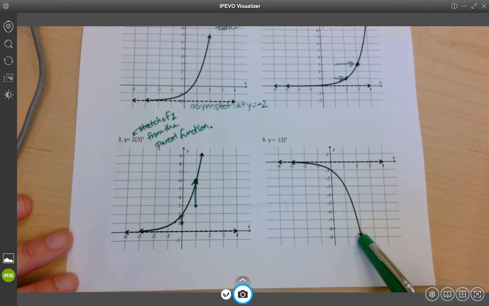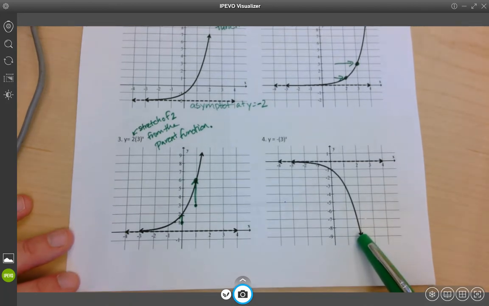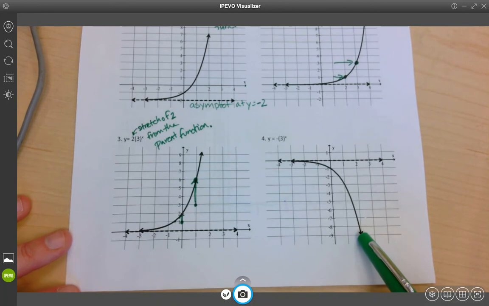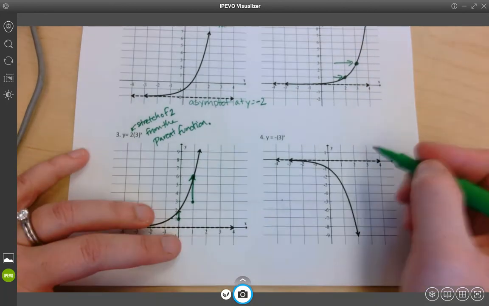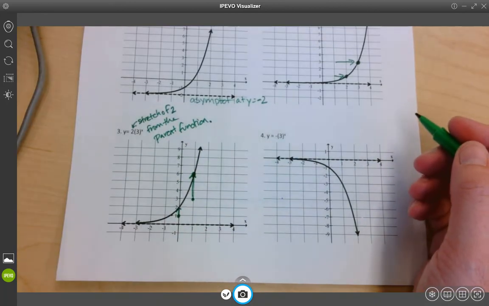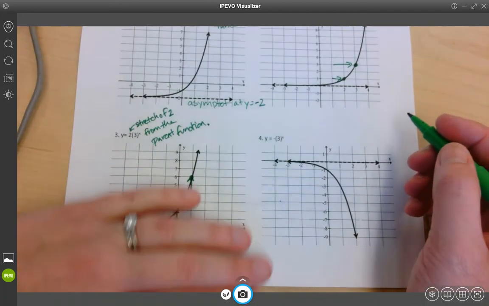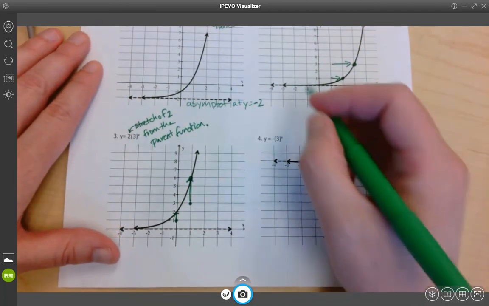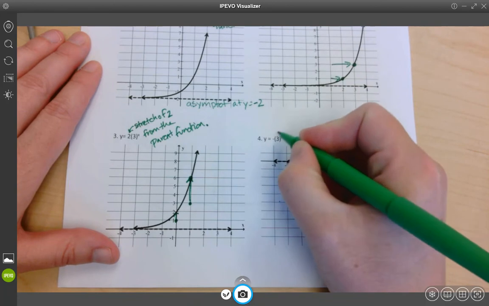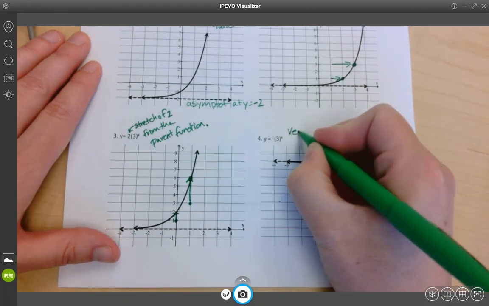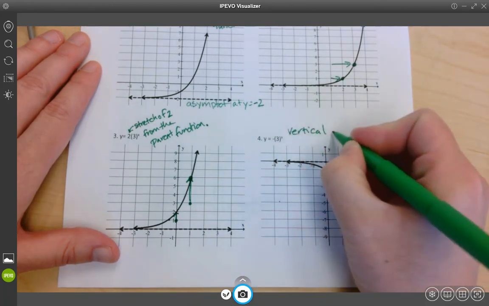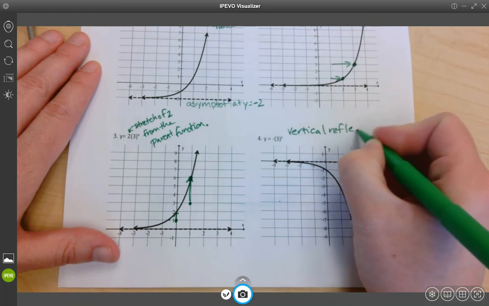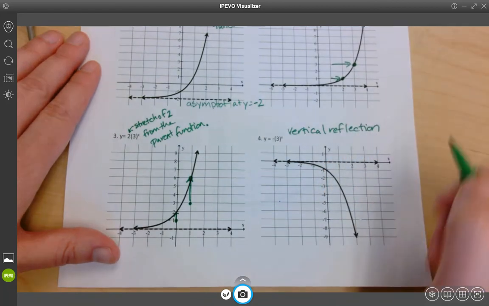If you agree with that answer, raise your hand. All right, a lot of people are being brave now. Very good. Yes, it did reflect. It was here, and it reflected over the x-axis. We've been calling that a vertical reflection. And that negative right there is what did it. From the parent function, of course. Okay?